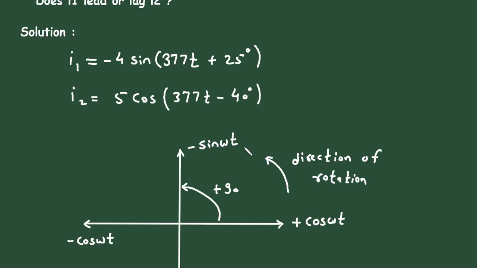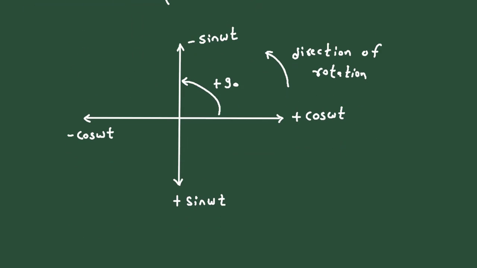So therefore the formula will be: cos(omega t plus 90 degree) is equal to minus sin omega t.